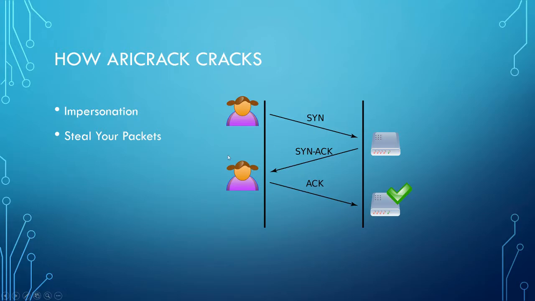I'll show you later, but basically we kick them off the wireless router, and then we get their requests going back and forth between them. We impersonate, or man in the middle, and then we steal all your packets. So all the best things of hacking.